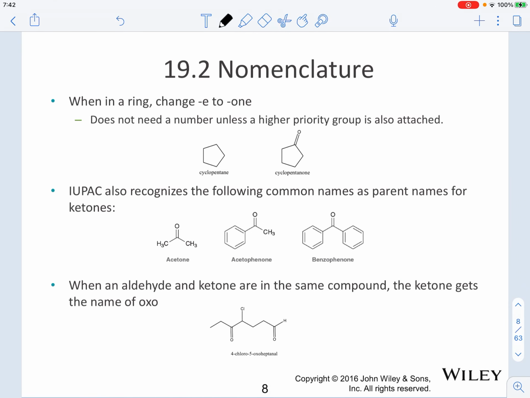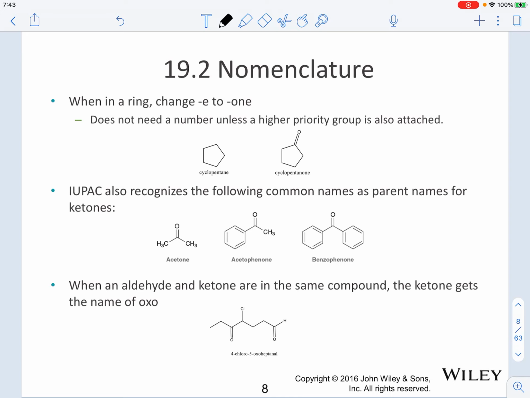Now, understand that when we have a ring system, that it is a cyclic ketone, we don't need to number specifically the carbonyl carbon within the ring system for the ketone.